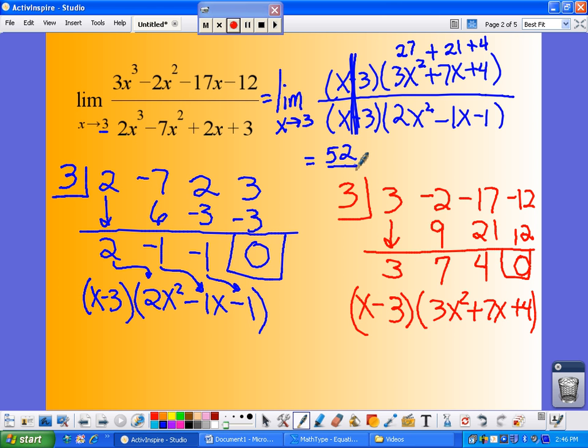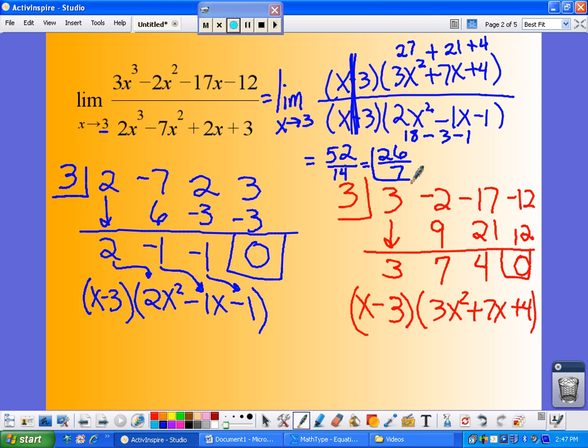Now the denominator, plugging in 3, gives me 9 times 2, which is 18, minus 3 minus 1. 18 take away 3 is 15, minus 1 is 14. So 52 fourteenths, which we could make better by dividing out 2 as 26 sevenths.